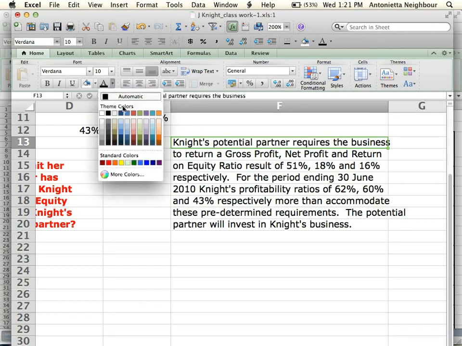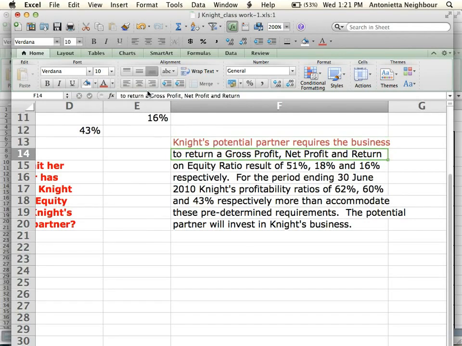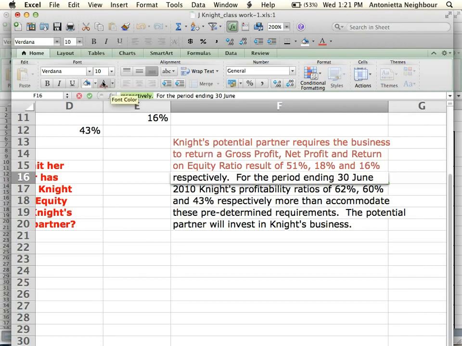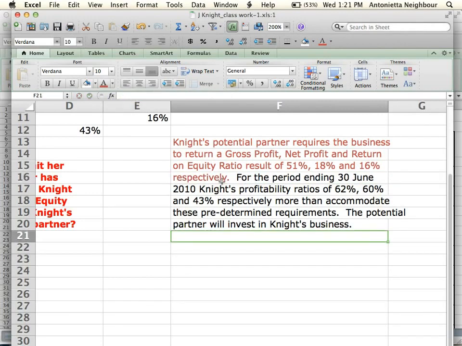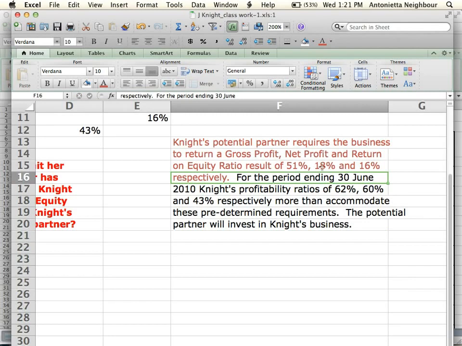They need to achieve a result of 51%, 18%, and 16% respectively. So that's the first thing you need to do. You're basically just stating what they have to be able to achieve. The second thing you have to be able to do is quote the result the business returns. So for the period ending 30th of June 2010, Knight's profitability ratios are 62, 60, and 43% respectively.